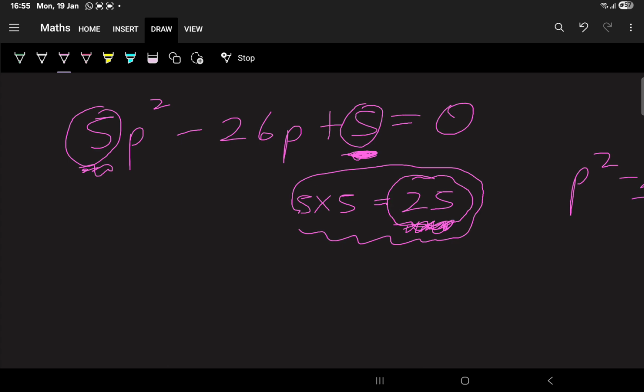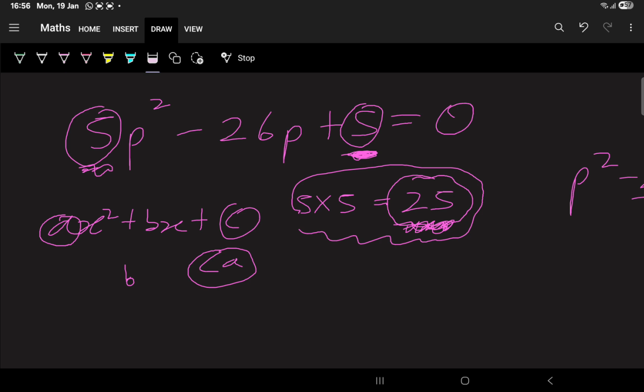Now take note, the general form of the quadratic equation is ax squared plus bx plus c. So I'm going to multiply the coefficient of x squared, which is a, by c, and I'm going to use ca. I'm going to find two terms that multiply to give me ca and add up to give me b. So I used a different scenario to help you grasp the concept of what I'm saying.